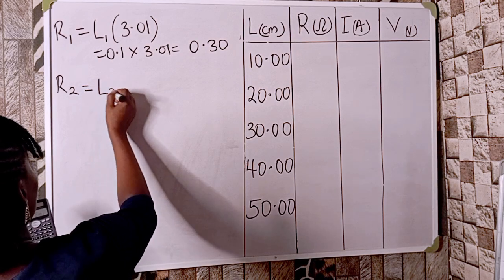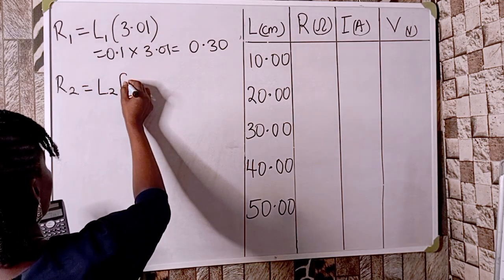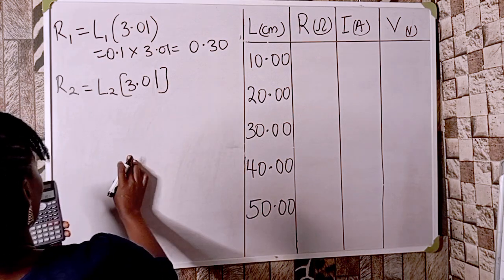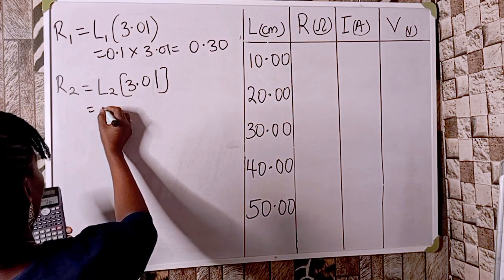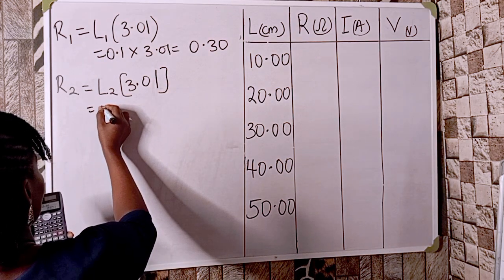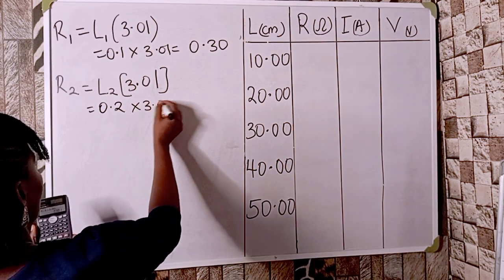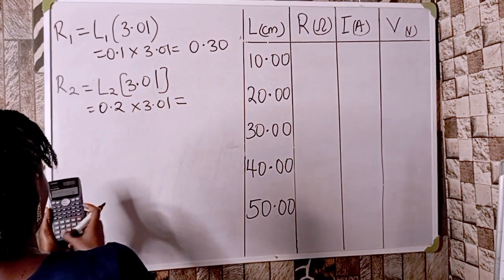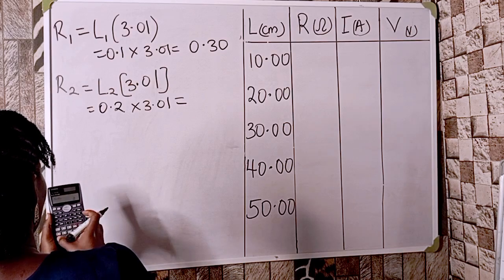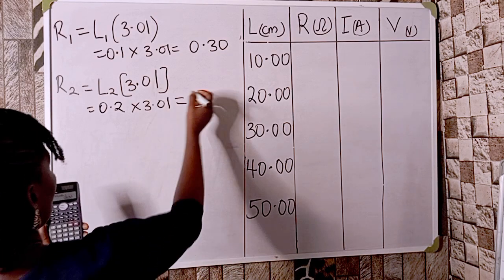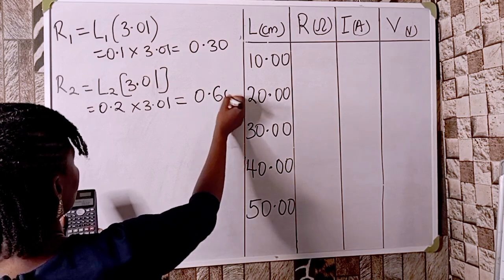R2 is equals to L2 bracket 3.01. Okay, so I'll convert it to meter by dividing by 100 as well. I have 0.2 times 3.01. I have 0.60.